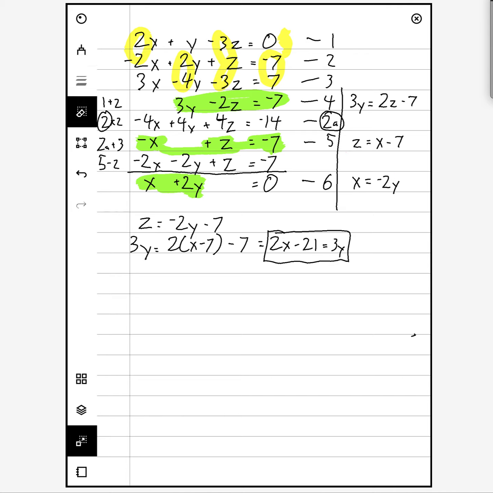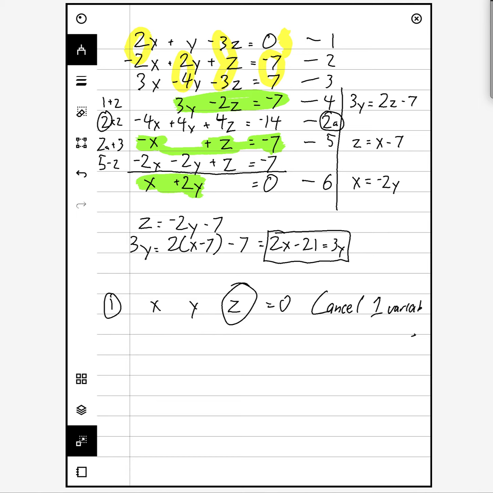Before I keep spending too much time on this, the only things that are clear in solving 3x3 equations is, when you have an x, y, and z equation, your first goal: cancel out one of these. Just do that. Whenever you can with an easy one of these, cancel. So number one, cancel one variable. Step two, make new equations with two variables.